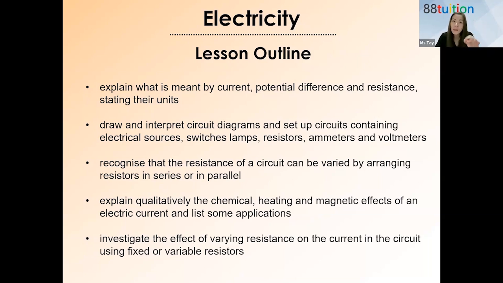So the dimmer actually makes use of this variable resistor. The variable resistor helps us to even adjust volume. In the past, when you have those radio, cassette player, you have the dial to turn the volume up and down. They actually make use of the variable resistor. So we adjust the resistance according to what we want.